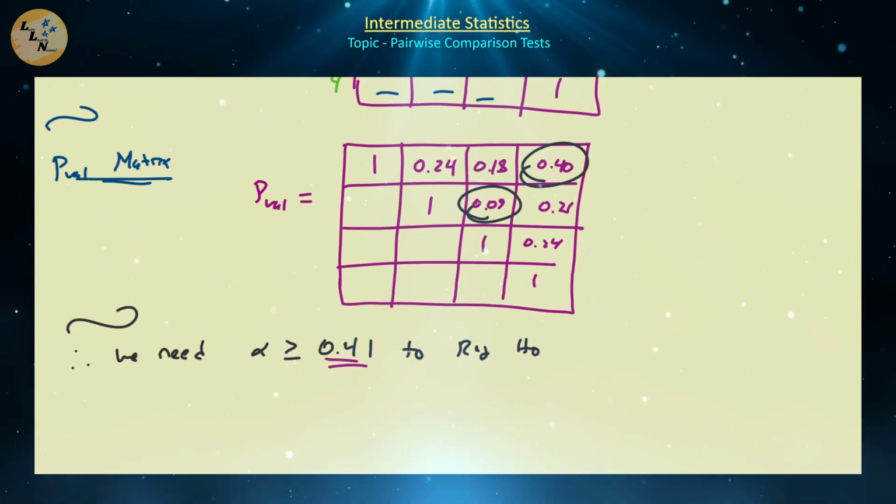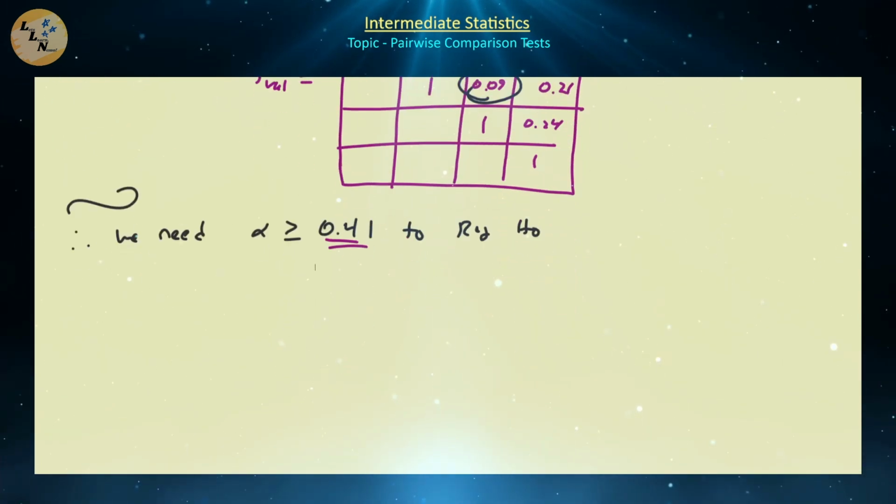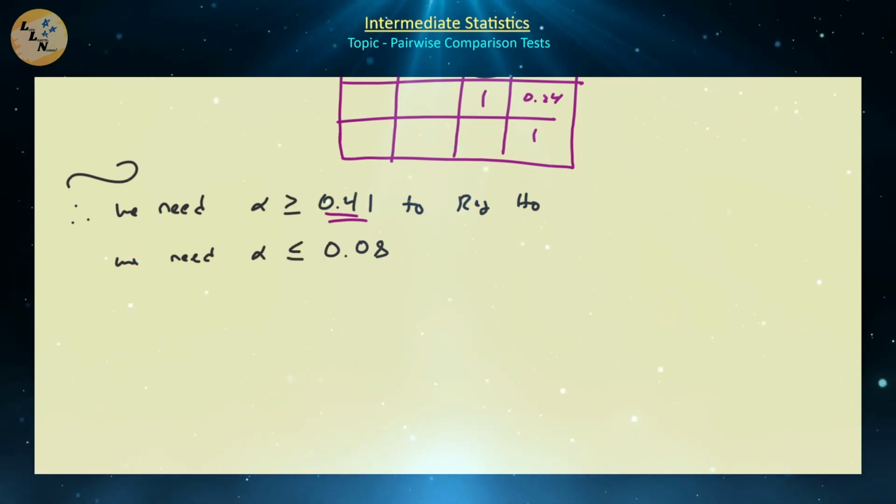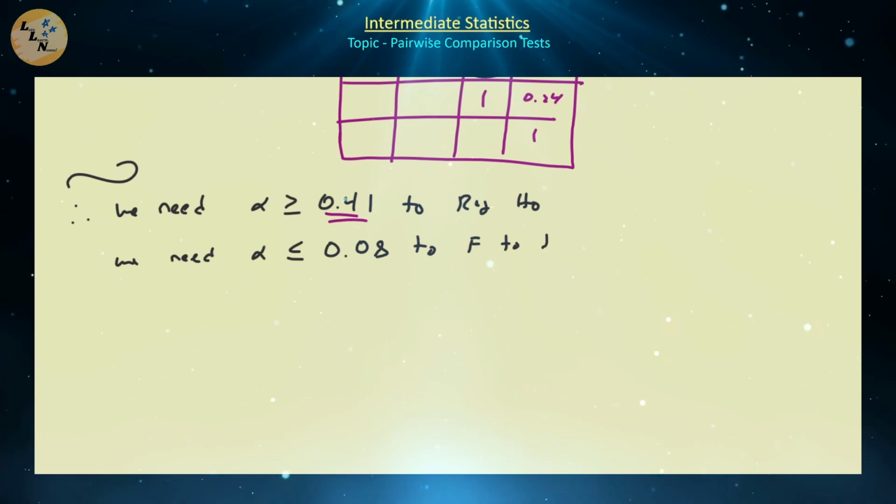That means we have evidence to believe that they are significantly different from each other for all of them, right? Because it has to be satisfied for all, because if one pair doesn't work, then the entire null hypothesis is invalidated. So we need alpha to be greater than or equal to 0.41 to reject the null hypothesis, and we need alpha to be less than or equal to 0.08 to fail to reject the null hypothesis.